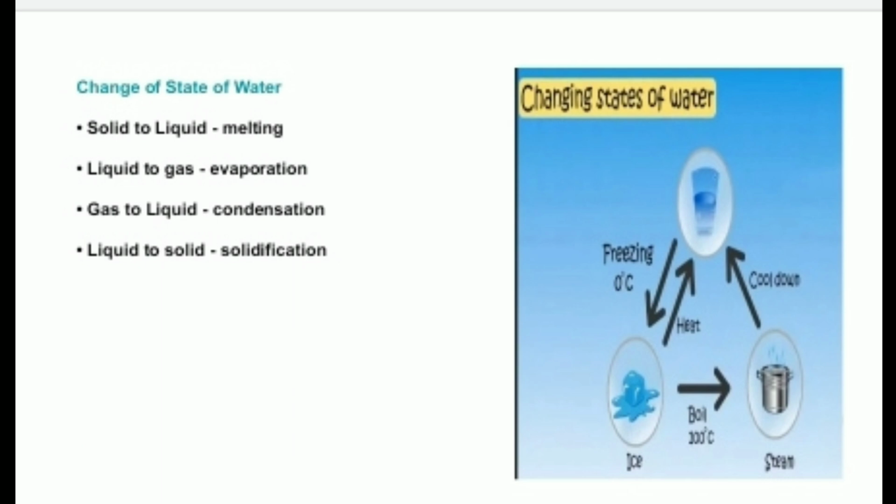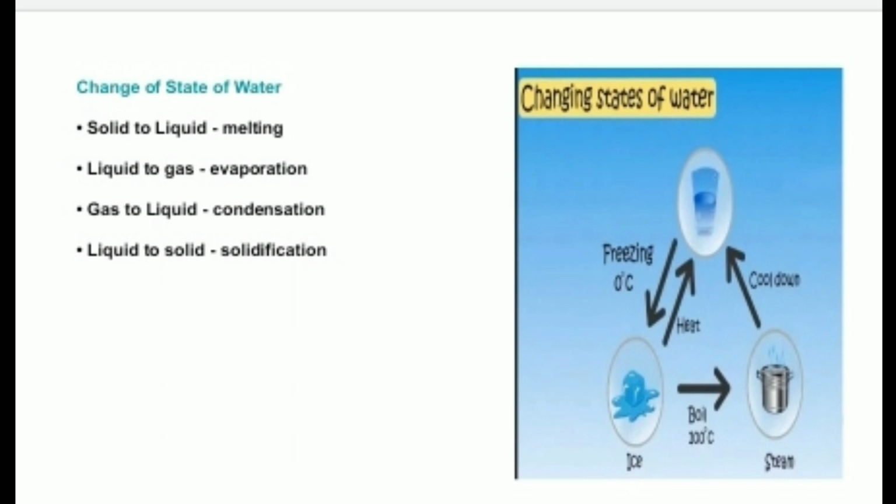The third one is gas to liquid. The process of changing a gas into a liquid on cooling is called condensation. Water vapor, gas, condenses on cooling to form water, liquid. Condensation is opposite of evaporation.